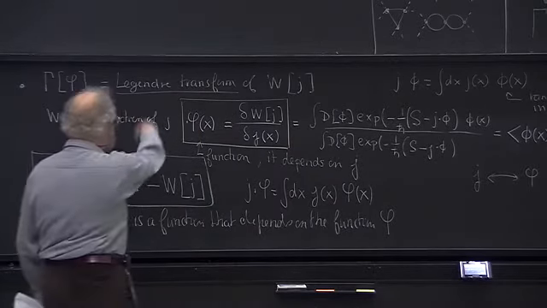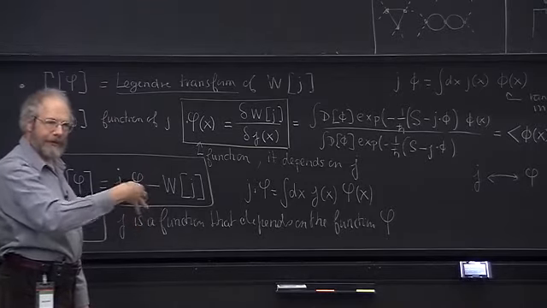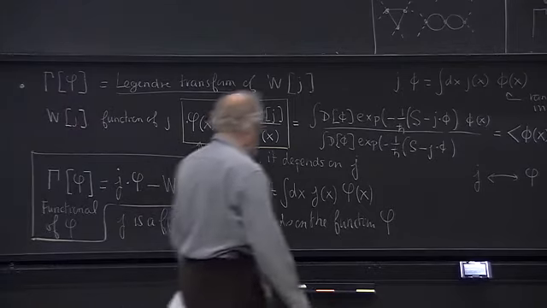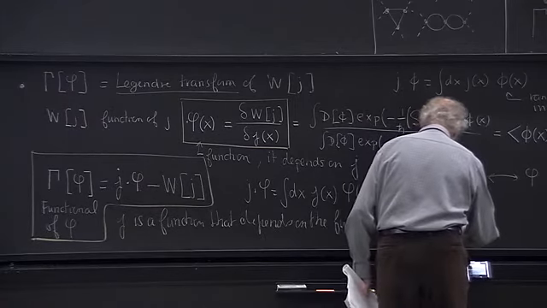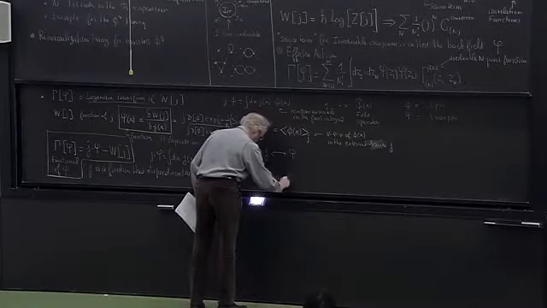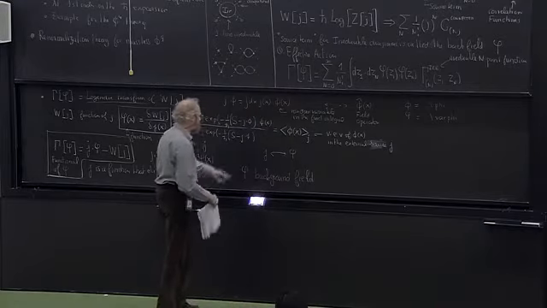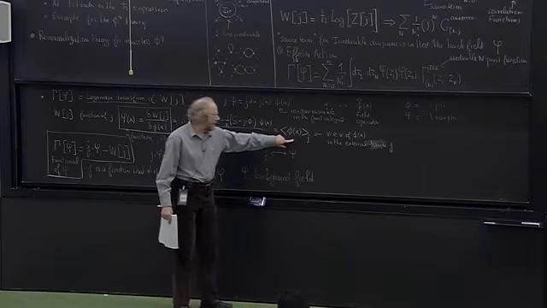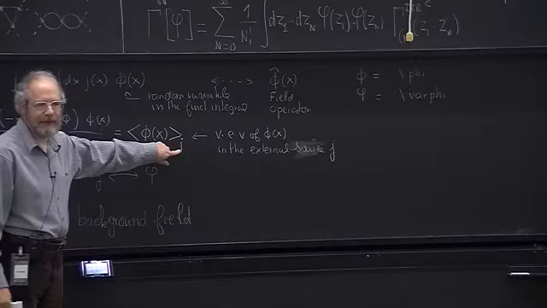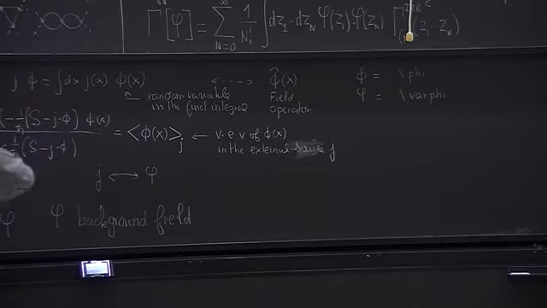And with this definition in terms of transformation of functions on functionals, this object phi is called the background field. Background field because it corresponds to the expectation value of the quantum field for a given theory. So in some sense, it's an average value of the quantum field.